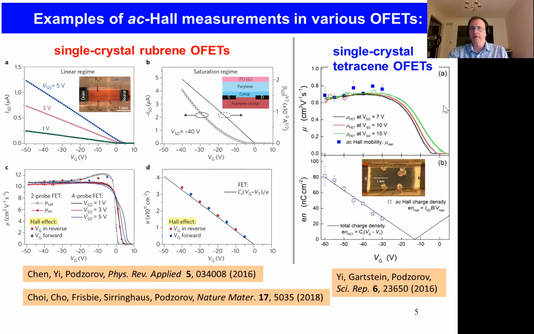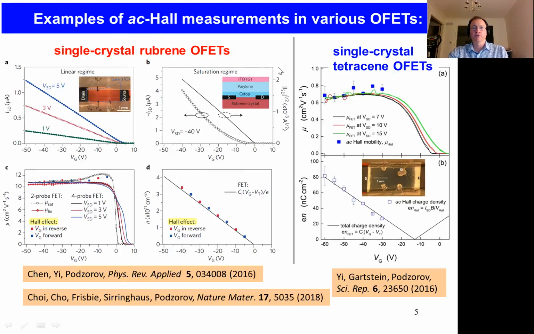Here on the right, we have a little bit of a different example. These are much lower performing single crystal tetrazine transistors. You can see that these devices have much lower overall level of mobility below unity.